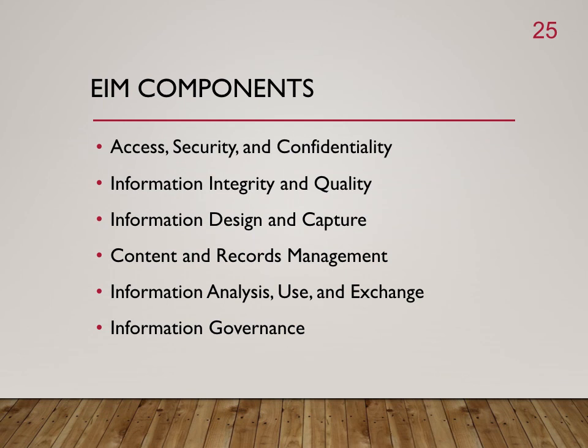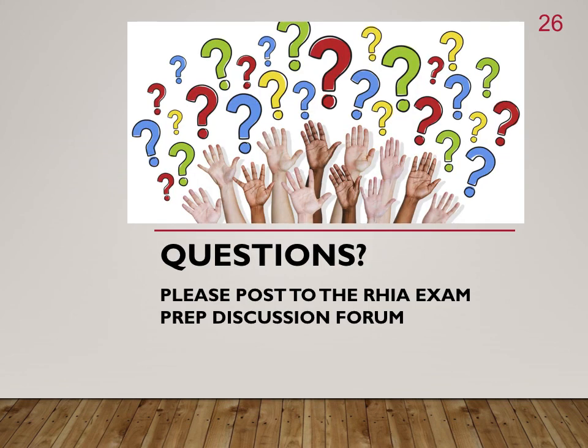EIM, Enterprise Information Management, components include all of these things: access, security, integrity, quality, design, records management, analysis, use, exchange. Wow, we're very busy and very knowledgeable people, aren't we? So get ready to prove it by sitting for your RHIA.